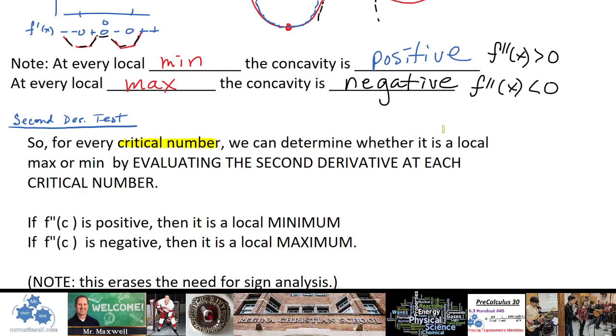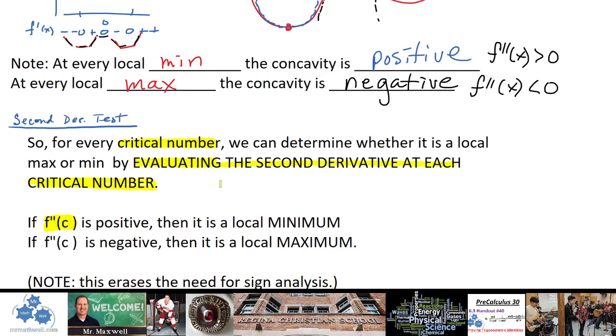And we can determine whether it's a local max or min by evaluating the second derivative at each critical number. So for every critical number, we want to evaluate. And evaluate means we actually put the value of the critical number into the second derivative. So f double prime of c.